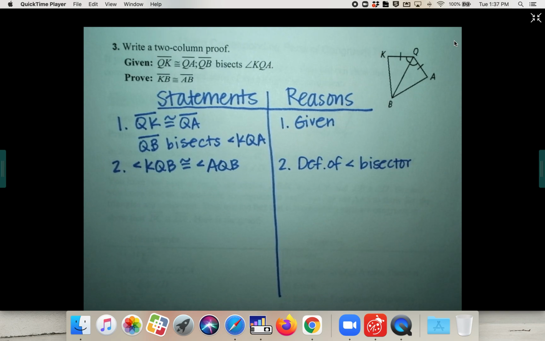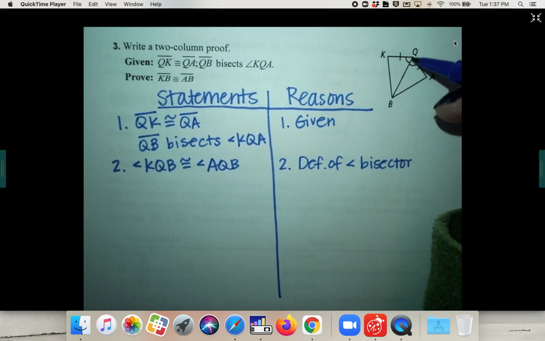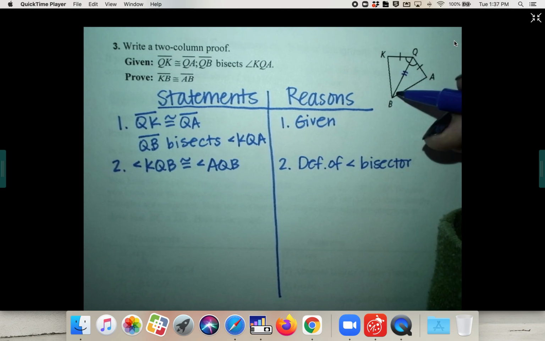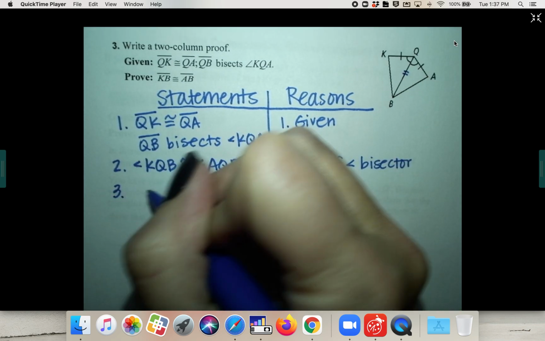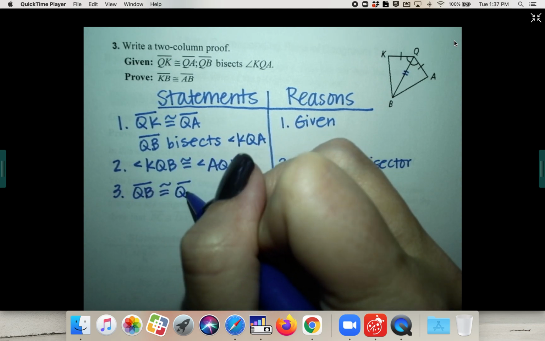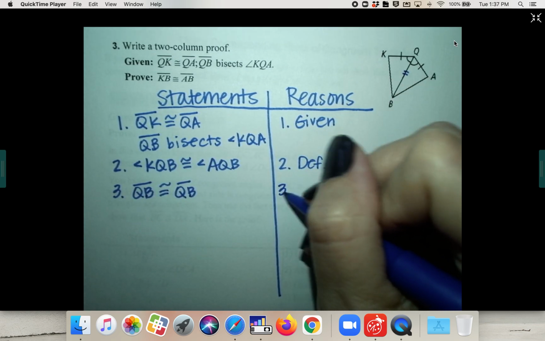All right, where can we go next? We have the side and we have an angle. And I hope that your brain is telling you to go to the reflexive side. So let's mark that up and say that QB is congruent to QB in both triangles because of reflexive.